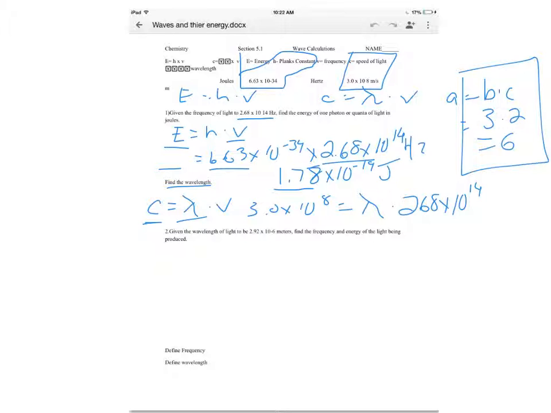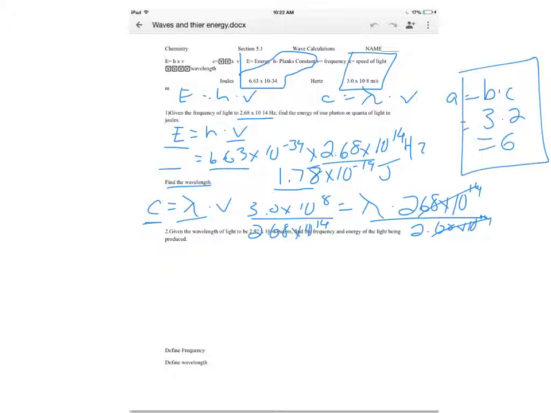Now, for the algebra people in here, all we've got to do is divide both sides by the 2.68 times 10 to the 14th. So those cancel. So I bring that over here and I take 3.0, hit your exponent in there to the 8th, divided by 2.68, get your exponent in there to the 14th.